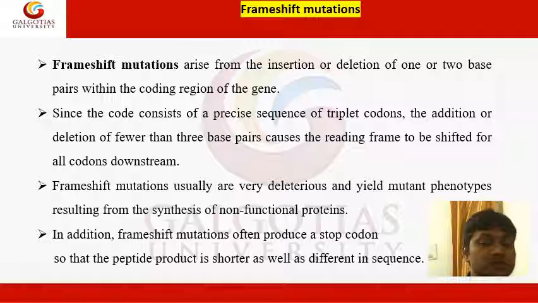Frame shift mutations are usually very deleterious, harmful, and yield a mutant phenotype. In addition, frame shift mutations may create a stop codon and produce a shorter protein as well as a different sequence.